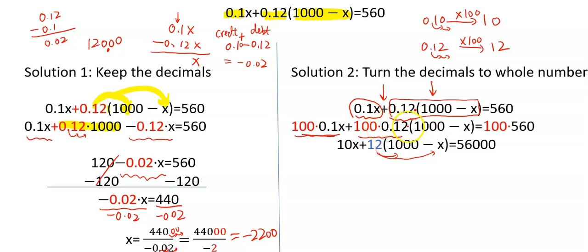and actually we cannot multiply another 100 there, because it's multiplication. We only distribute a number if we have addition or subtraction inside a pair of parentheses.